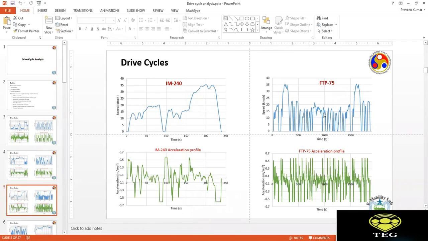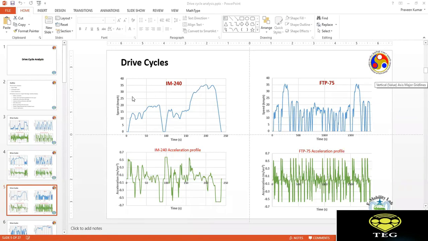Okay, but if you look at the driving pattern, there is hardly any interval of time where the speed of the vehicle remains constant. Okay, so the speed of the vehicle is extremely varying, but that does not mean that the accelerations are very strong. Okay, so there is no hard acceleration. Accelerations are rather smooth. Okay, but the speed never remains constant.